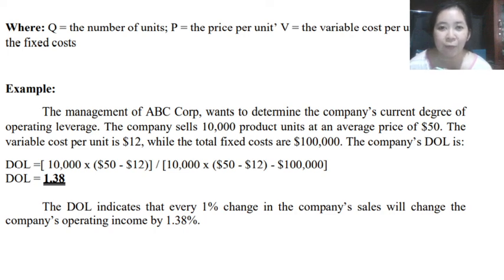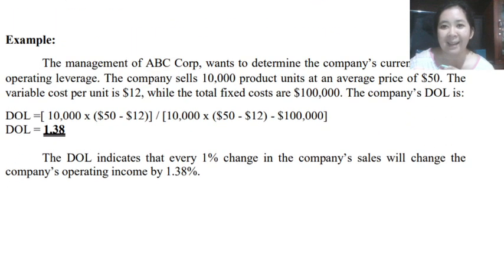So if the entity is able to increase their sales by 1%, then their operating income will also increase by 1.38%. But if their sales decrease by 1%, then their operating income will also decrease by 1.38%. So that's how we will use the degree of operating leverage in analysis. Okay, so those are for our degree of operating leverage.